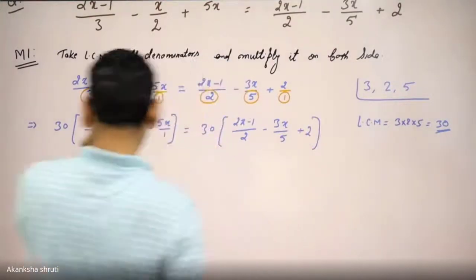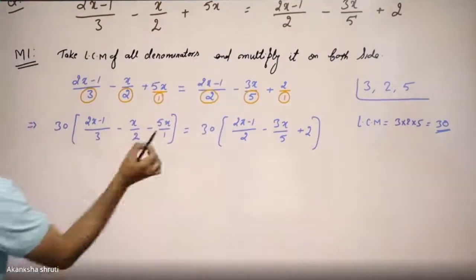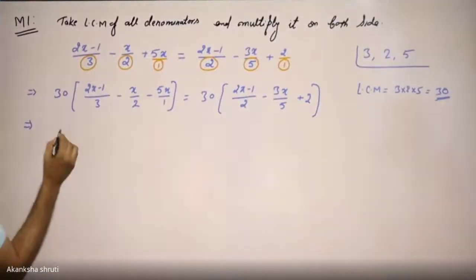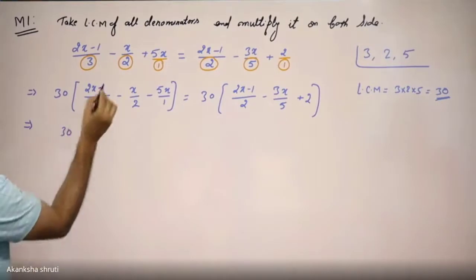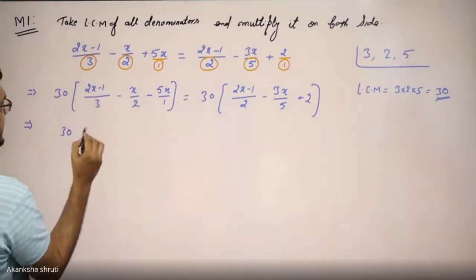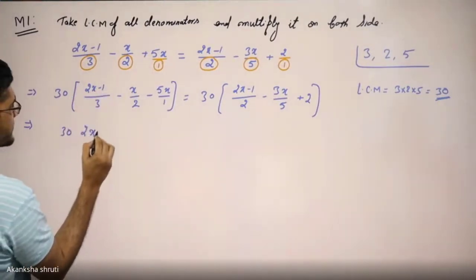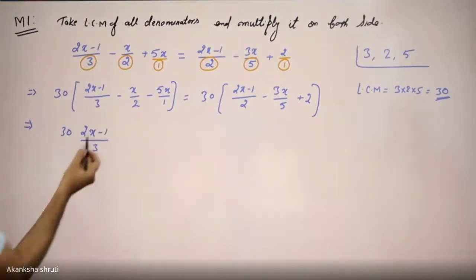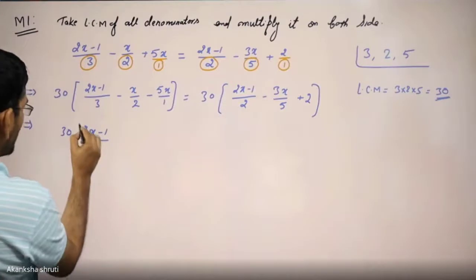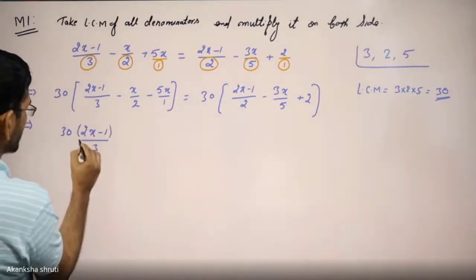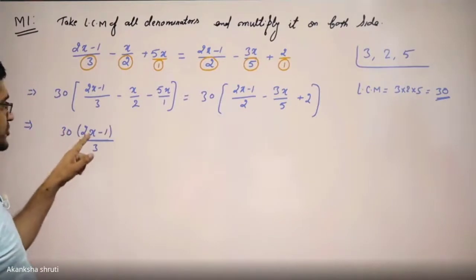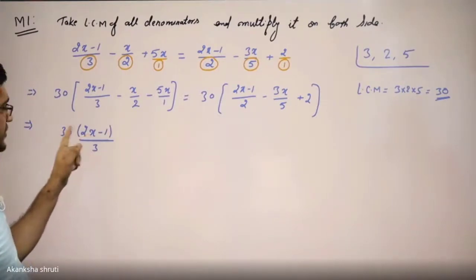Now while multiplying, the bracket has to be removed. So for removing the bracket, you need to multiply this 30 with the first term inside the bracket. So 30 multiplied by 2x minus 1 by 3. Student, keep in mind, here in the numerator we have two terms. A better habit is to keep it inside a bracket to avoid confusion whether this 30 is multiplied to 2x only or to this entire term.